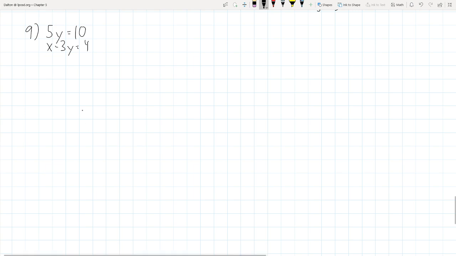And one of the equations actually only has one variable. So what I'm going to do is solve for this 5y on its own so that I get y by itself, because I can do that. Because it only has one variable, I don't need other things to solve for it. So I'm going to divide by 5, and y equals 2.